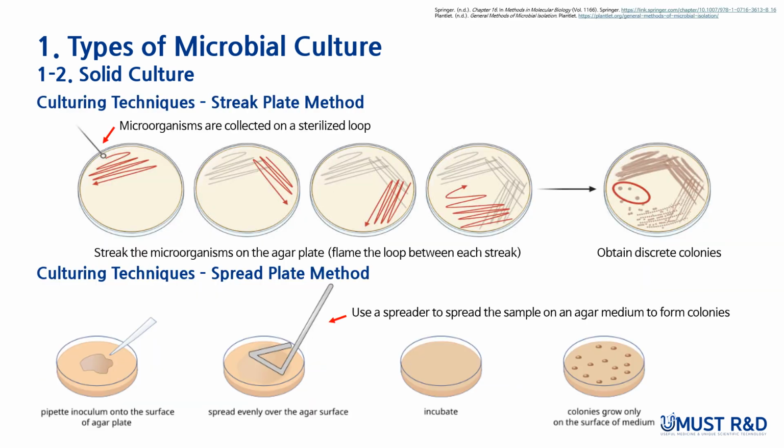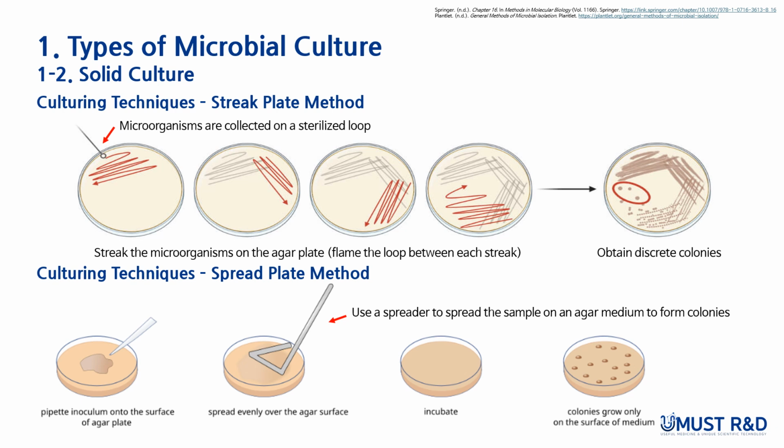In the streak plate method, an inoculation loop is used to streak bacteria across the agar surface to obtain isolated colonies. This method is useful for storing pure bacterial colonies for up to 3 to 4 months. The streaking process involves making 3 or 4 streak patterns, gradually diluting the bacterial concentration.